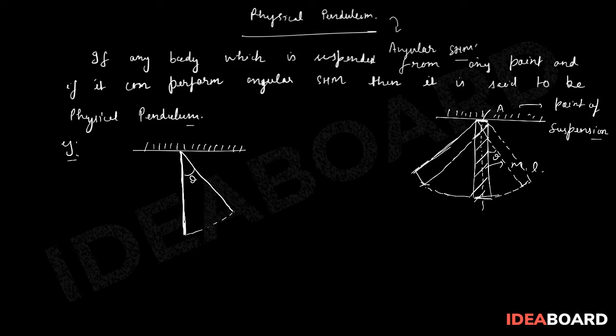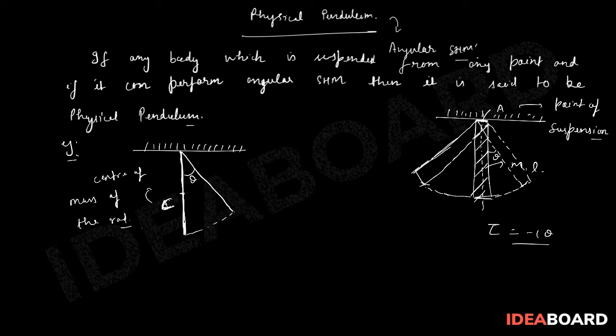Now while writing torque, because in angular SHM you need to prove torque is equal to minus C theta, if you have displaced theta angle, then restoring torque. For writing restoring torque you need to see the center of mass of the rod. So this point, let's say point C, is the center of mass of the rod.